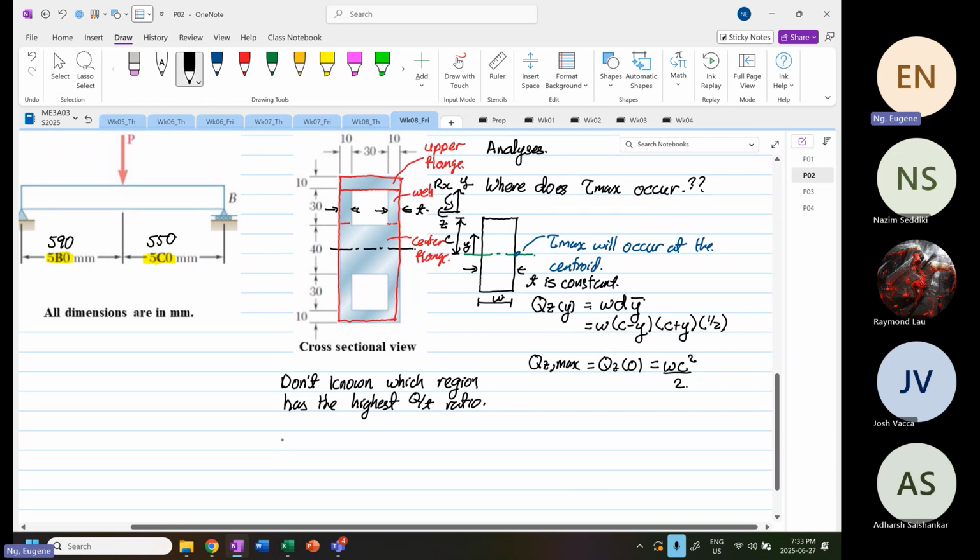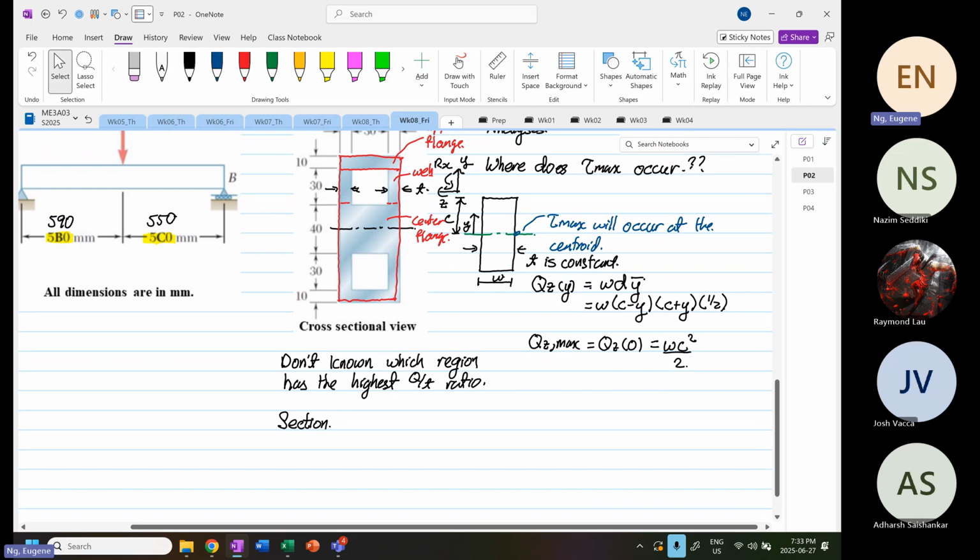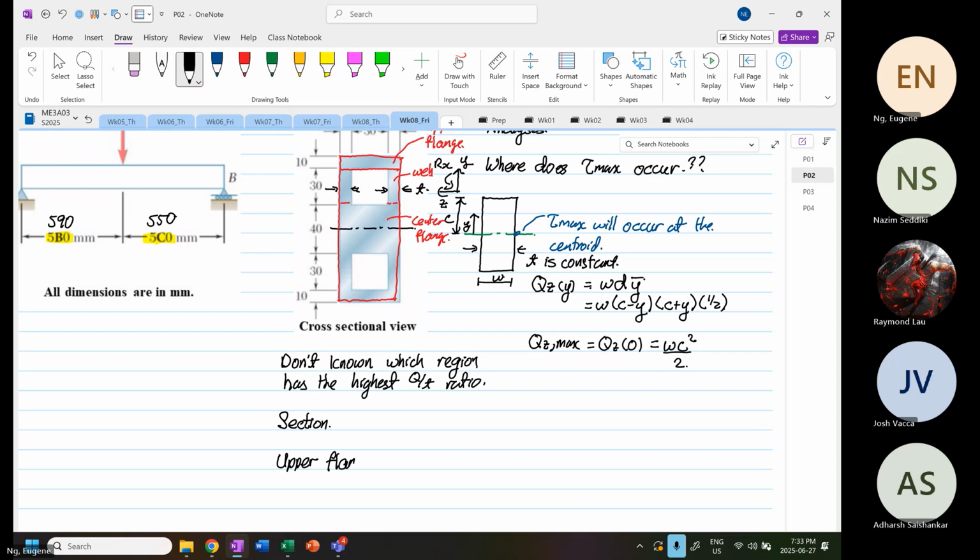But by observation, we do know something. If you look at the sections, we have the upper flange. Now remember, we cannot assume. In the term test, if you assume wrong, marks will be deducted. If you assume right, you have no mark.